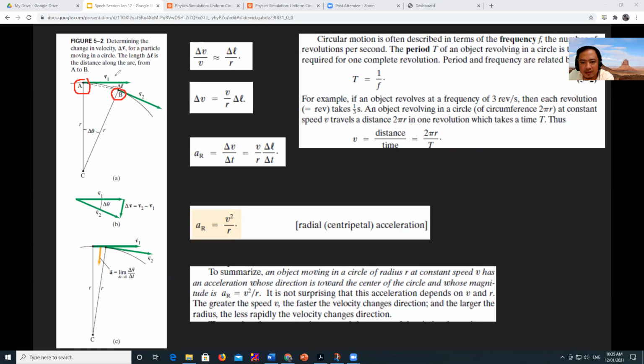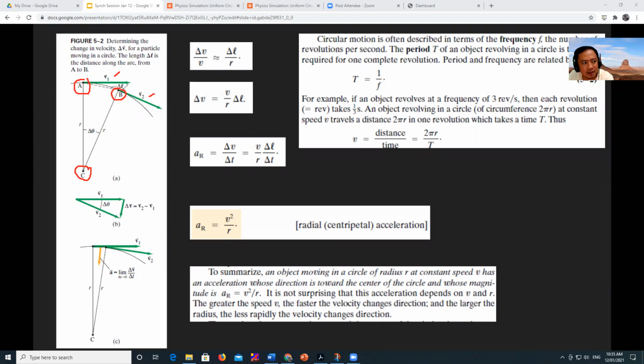These represent the vectors of velocities, V1 and V2, and they are constant. And of course, there is a radius from the center of the circle. This is point C, the center of the circle. Take note, there is a theta between the line from C to A and the line from C to B.